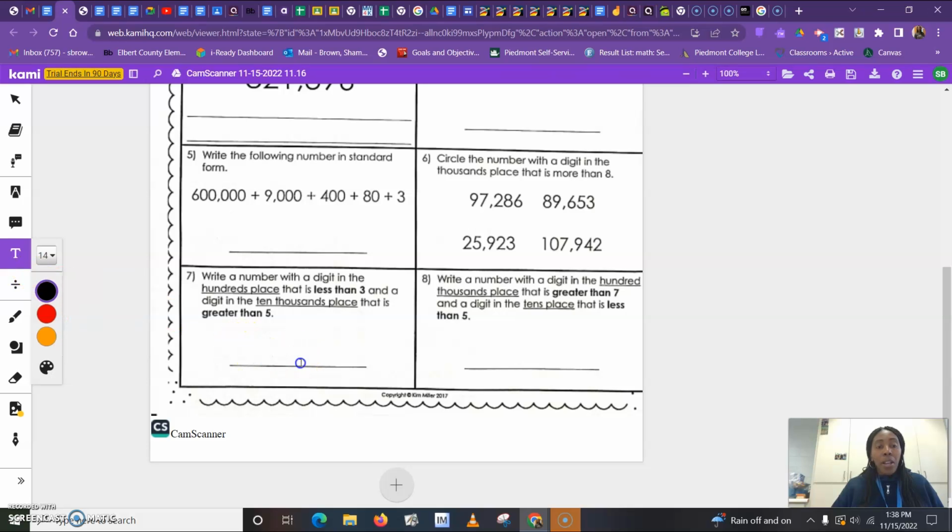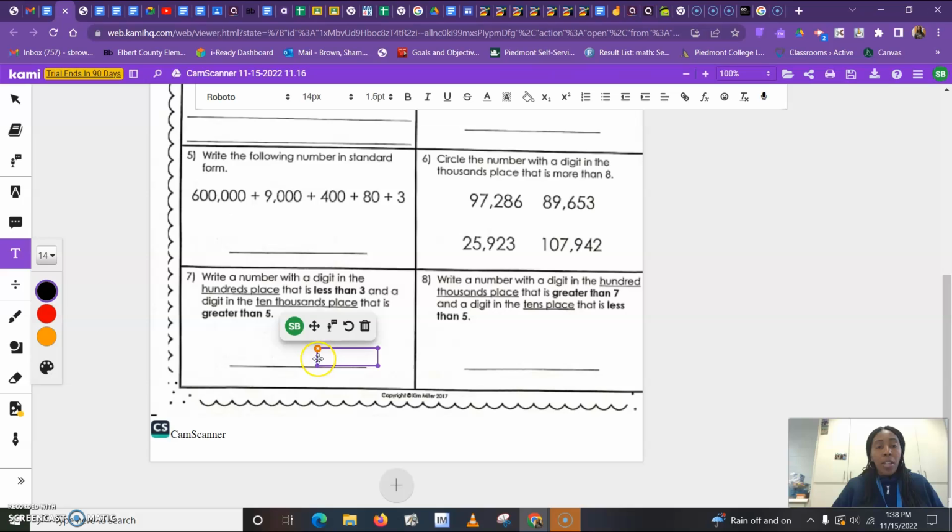So I would know that I would have to have a digit in the hundreds place that's less than 3. So I know I could use 2 because 2 is less than 3. And I have to have a digit in the 10,000s place that is greater than 5. So I could have a 6 because it's greater than 5. So the 6 needs to be in the 10,000s place.